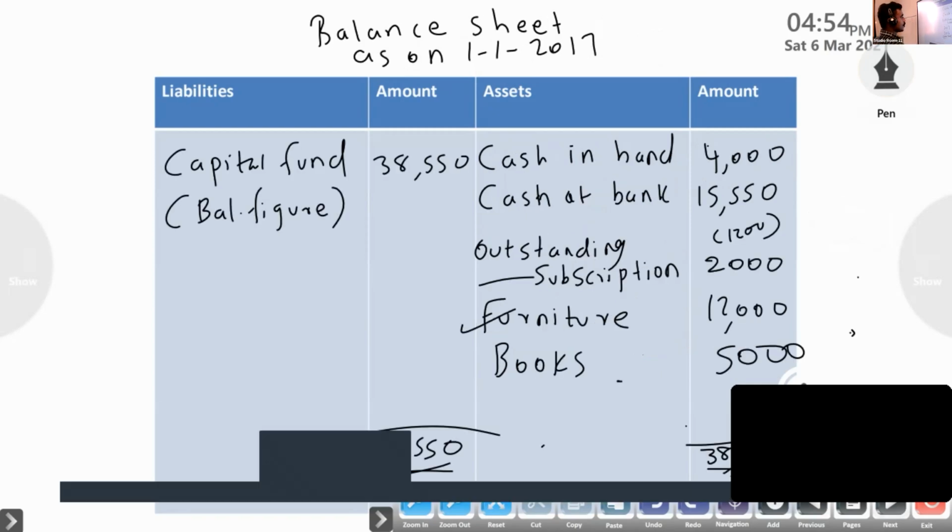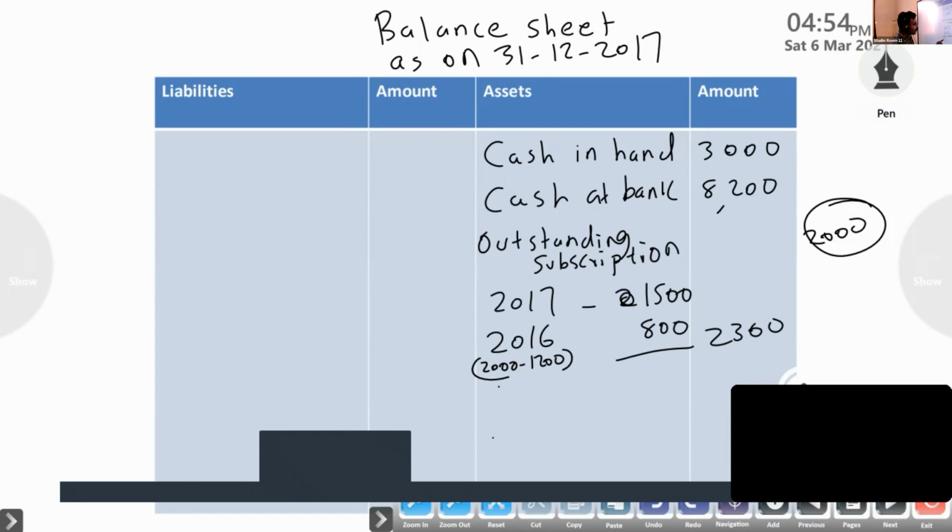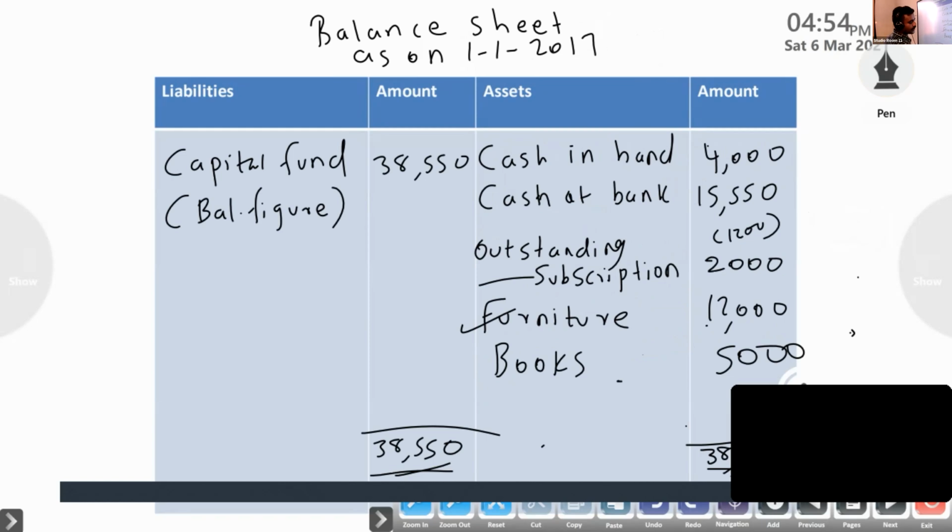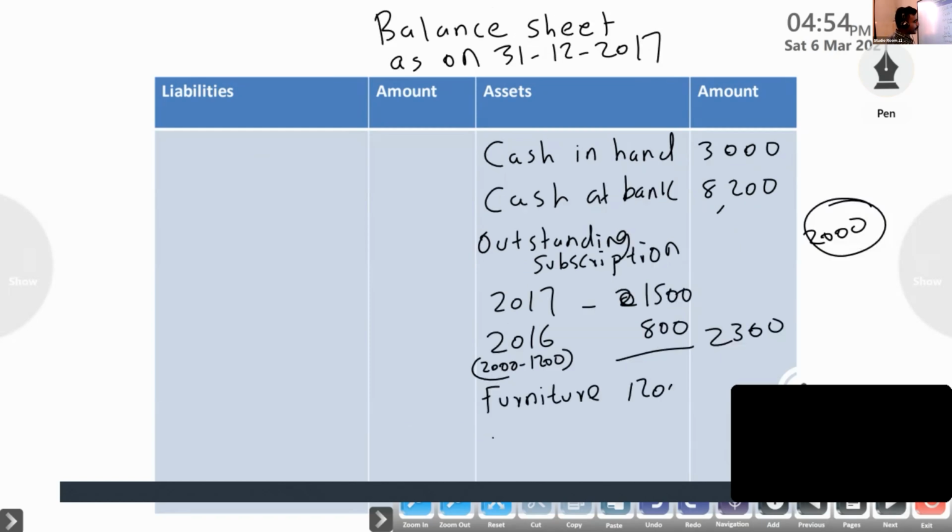furniture. Whenever we write an asset, you have to look at the payment side. If the payment side has an item, plus purchase. If the receipt side has an item, less sale, book value. So furniture 12,000, same amount. Any purchase, Aparna, on the payment side?